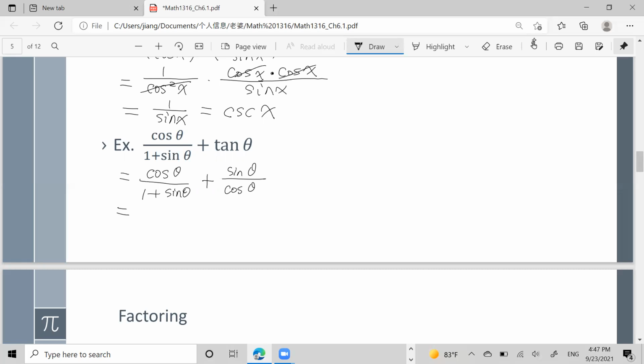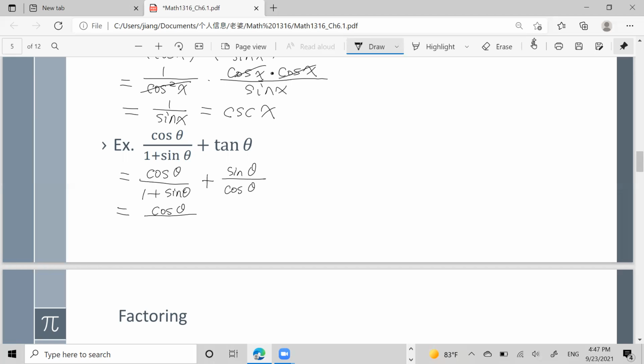The first term and second term need the same denominator. So what should I do? The first one needs to be multiplied by cosine theta, and the second term, bottom and top, needs to be multiplied by 1 plus sine theta.